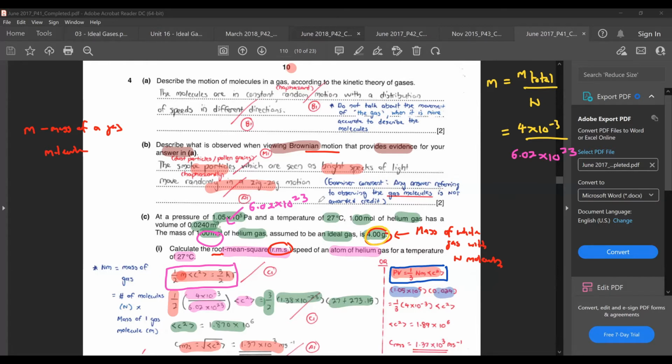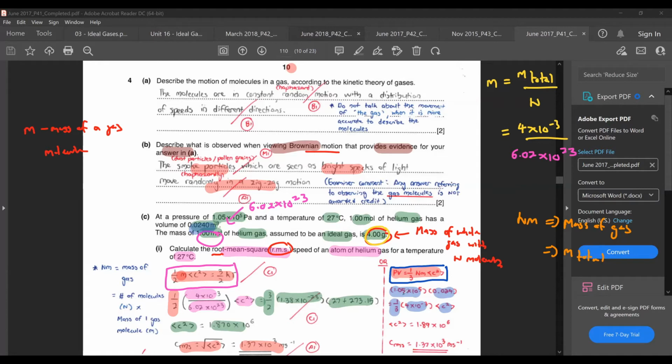Your volume is 0.024, which they've given you here. Equate it to 1 over 3 times 4 times 10 power minus 3 times mean square speed. Now, your Nm, by now you should know, is actually the mass of the gas, no? Which is actually your total mass. No?